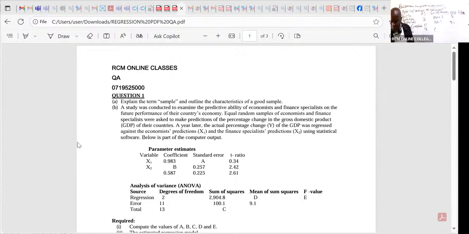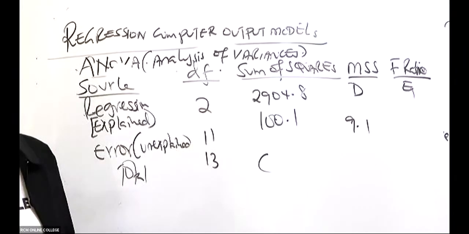So the F ratio that we have here has not been given to us. It is E. So now they want me to give them the missing D, C, and E. That I'll be able to get pretty fast.